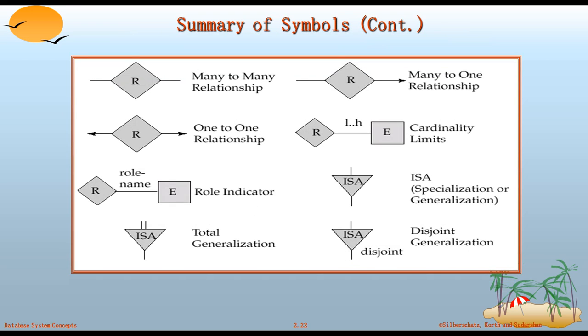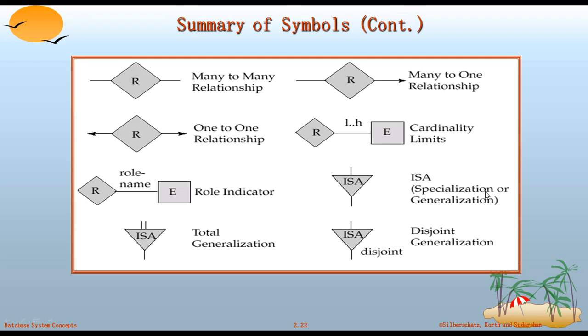For many to many we do not have an arrow mark; for one to one we have arrow marks on both sides. The role name is a role indicator. Total generalization means we have a double line; many to one relationship means we have an arrow mark on one side. Cardinality limits show lower and higher ends.